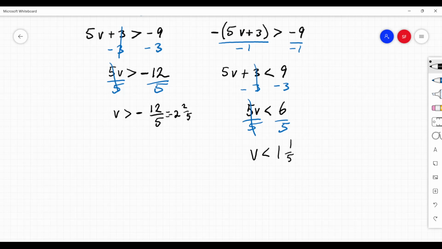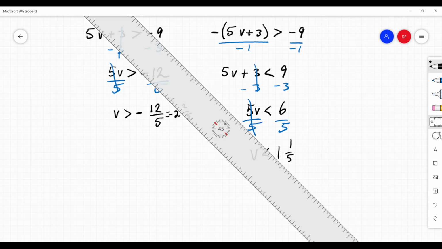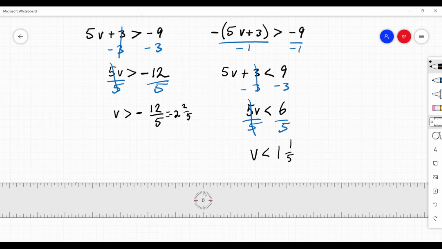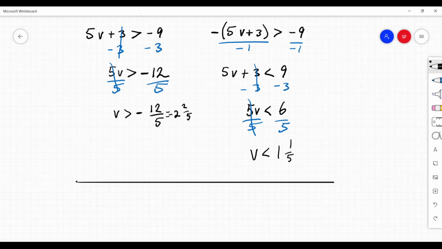Sound right? So we're going to start the graph, and then we'll check all our intervals and see what happens. So our first one is at -2 2/5 with an open circle, and our other one is at 1 1/5 with an open circle, right?